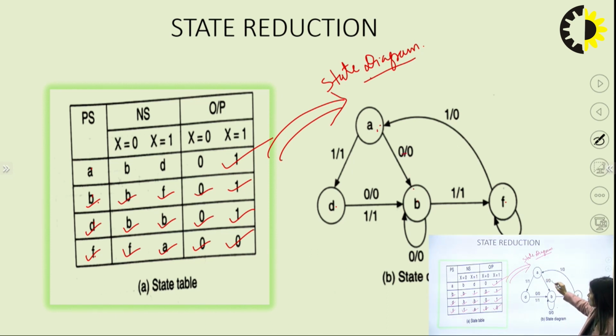A to B 0 0. This is the next state, A to B, and input, and this is output. So I will redraw my diagram and state reduction has been done.